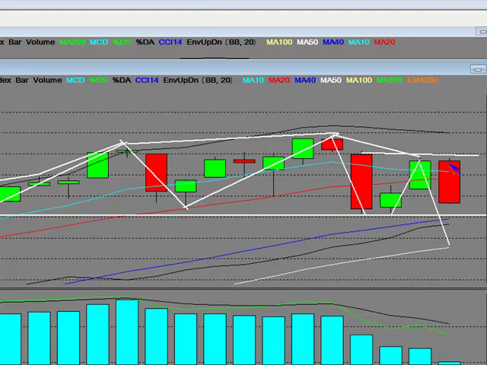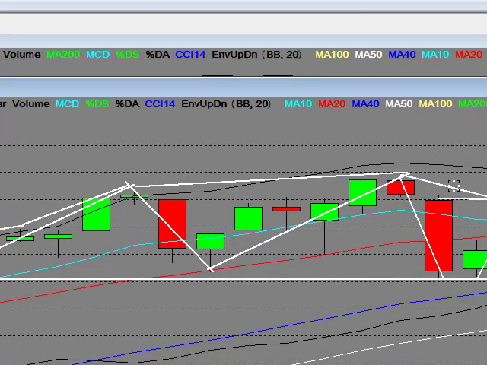I want all the students to write down where the high reversal was, and the high reversal here was 1207.99. I want you to write down the two numbers.